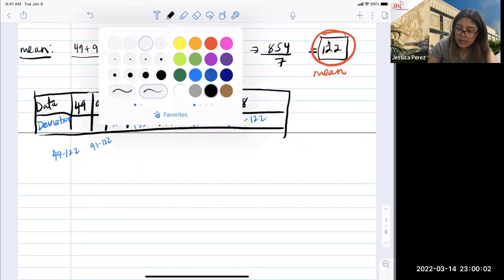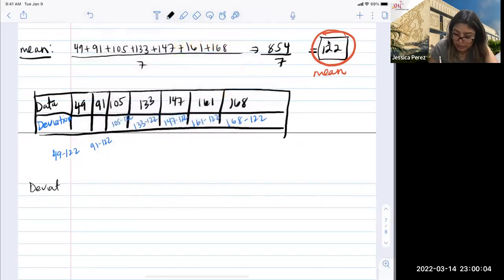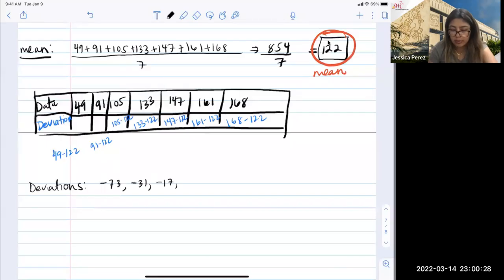So the deviations are going to be 49 minus 122, that's negative 73, comma, the other deviation was 91 minus 122, negative 31. The next one is 105 minus 122, negative 17. Next up is 133 minus 122, so that's 11. And then 147 minus 122, 25. And then of course 161.